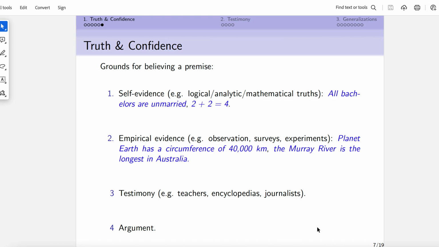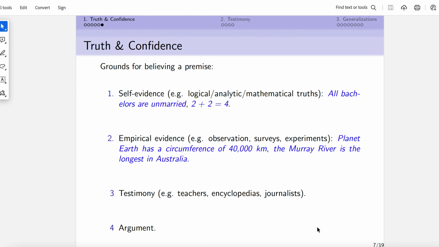But one thing that's worth commenting on is that often, maybe always, in cases where we have testimonial evidence, we could possibly have that evidence in some other way, right?